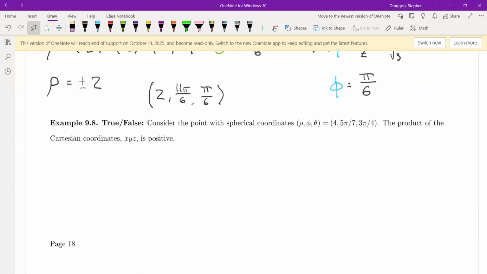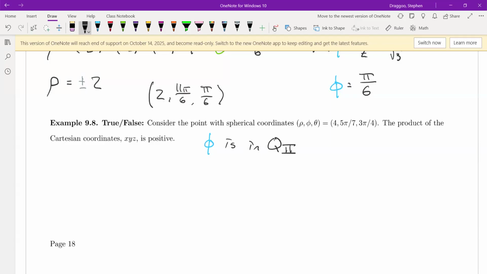Let's start with phi. So phi is in the second quadrant. Phi is in quadrant 2. Let's use Q2 to represent that. 5 pi over 7, right?